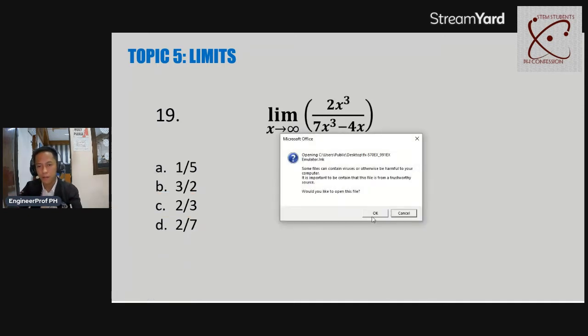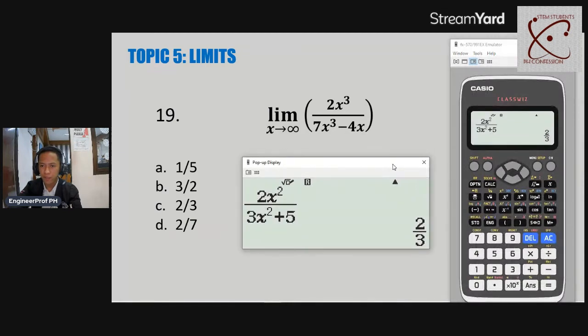Okay. Next problem, we have here the limit as x approaches infinity again of the function 2x cubed all over 7x cubed minus 4x. Okay? So, input natin si equation 2 alpha x cubed all over 7 alpha x cubed minus 4 alpha x.